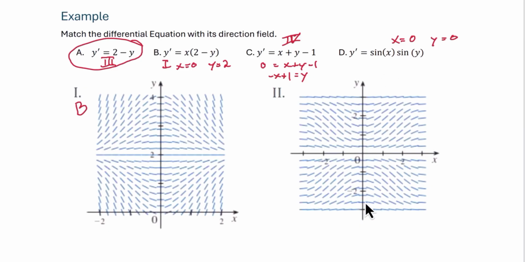That's the x-axis and the y-axis, and it looks like those do have horizontal tangents. It's somewhat hard to see that the x-axis has horizontal tangents, but it's there. And the y-axis, we can see that that does have horizontal tangents. So we have x equals 0 and y equals 0 will give us y prime of 0. That must be graph 2.